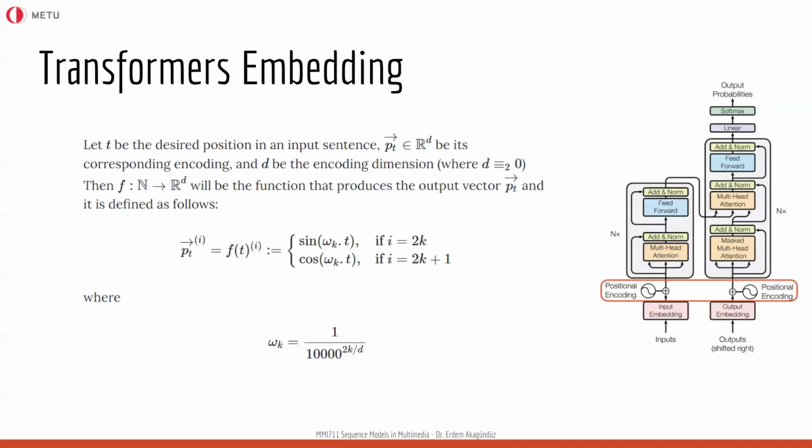If you're coming from an electrical engineering background, and if you have ever seen a telecommunication course, you know what frequency modulation is. That's exactly frequency modulation. But since most people working on transformers and AI are coming from a computer science background, people don't say this. But this is just frequency modulation.